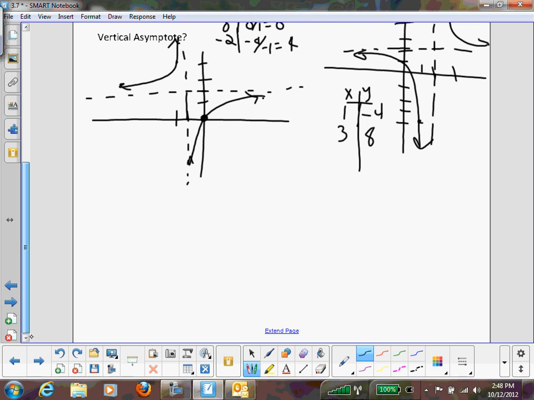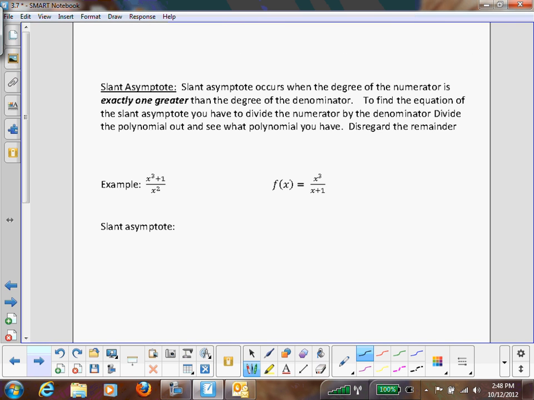All right, then we have one other kind of asymptote, and that's a slant asymptote. What do you know about the rational functions now? Look at the way they're drawn or written out.